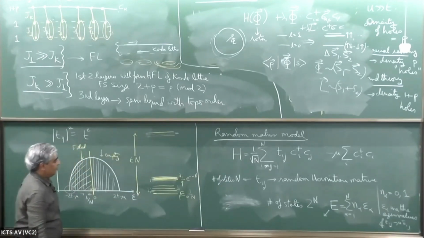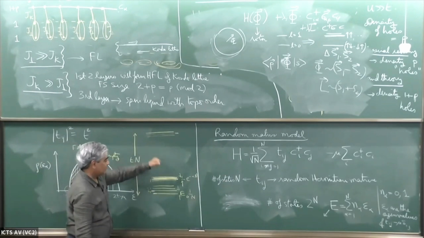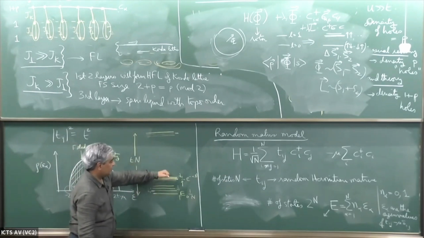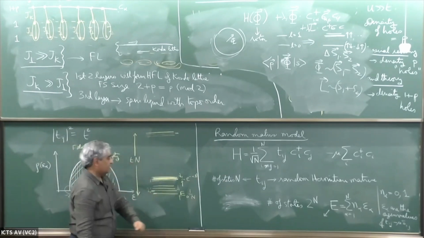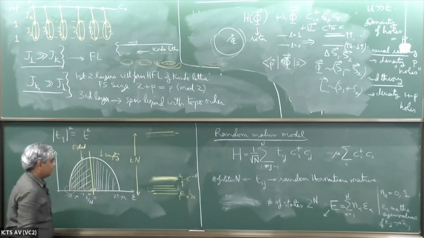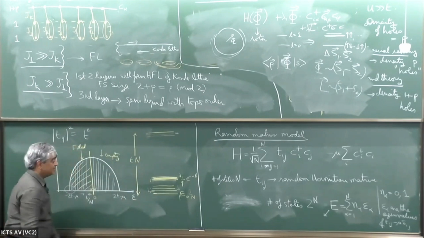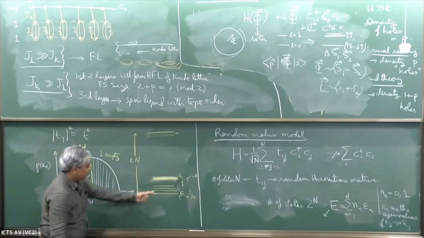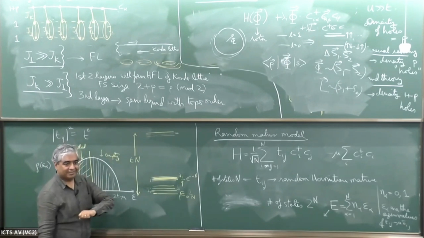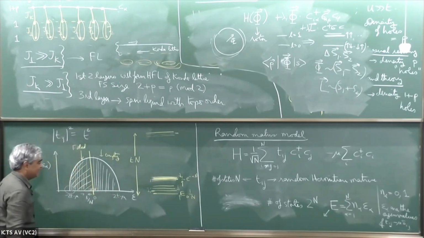So that's what happens once the energy becomes extensive: the spacing is e to the minus n. But right at the bottom, it's much larger. And all of these features hold even when you add interactions, which is an indication that this is a system with quasi-particles.